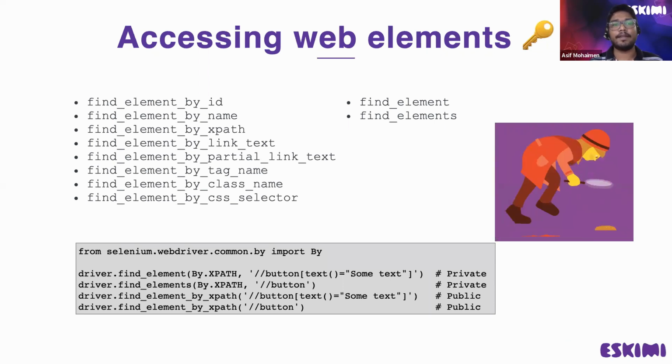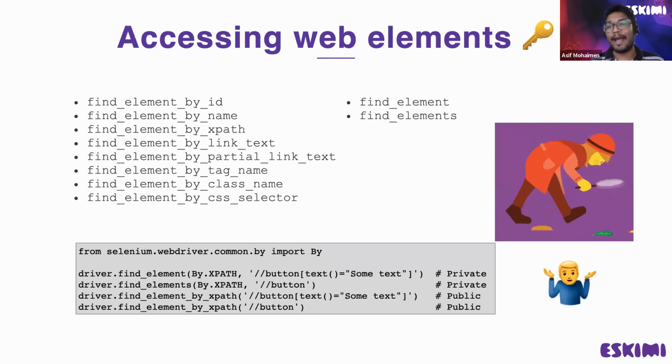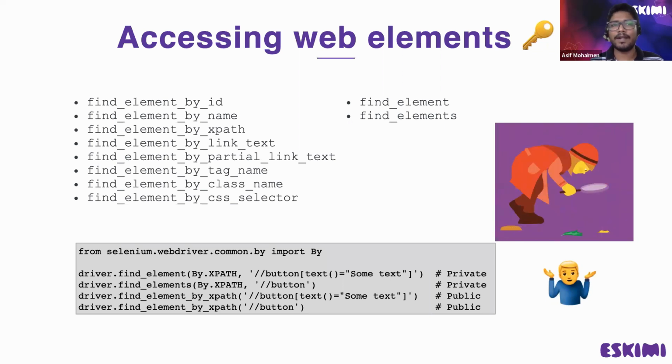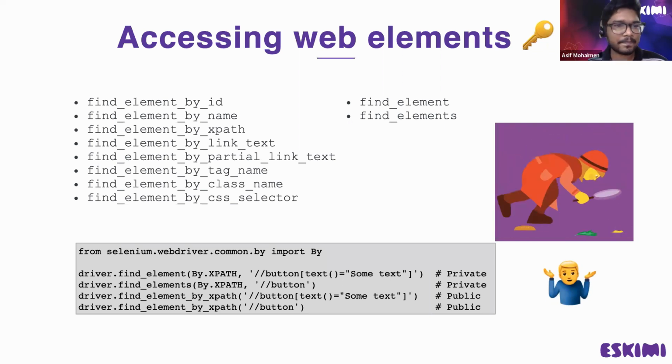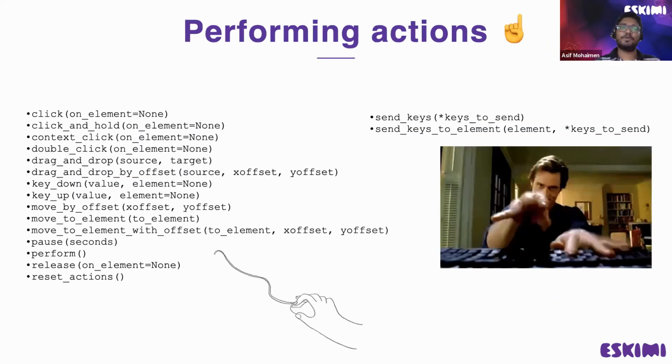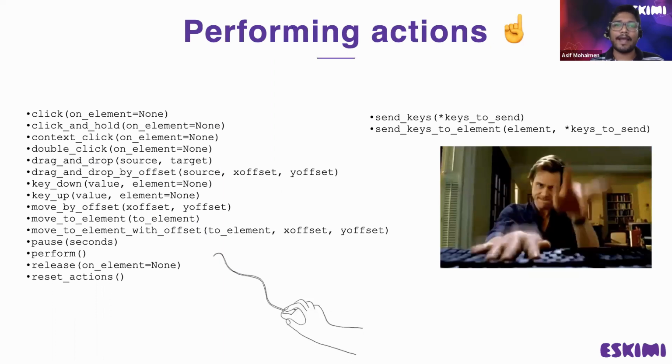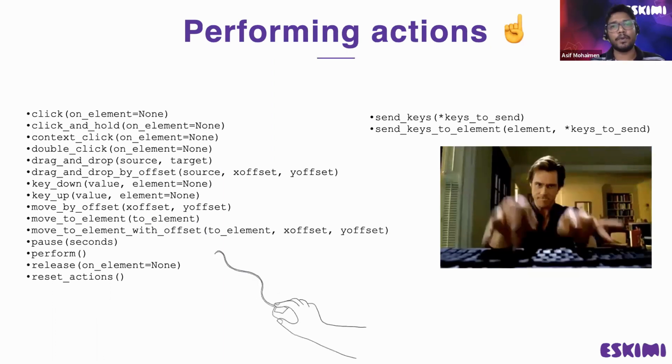and then you can pick yours to manipulate and use. Now that we know how to access and find these, the question is how to perform actions like click, swipe, or typing on them. Selenium provides a huge list of actions that you can perform from your code in the browser.